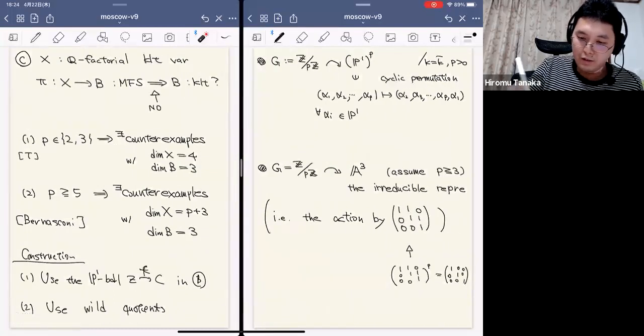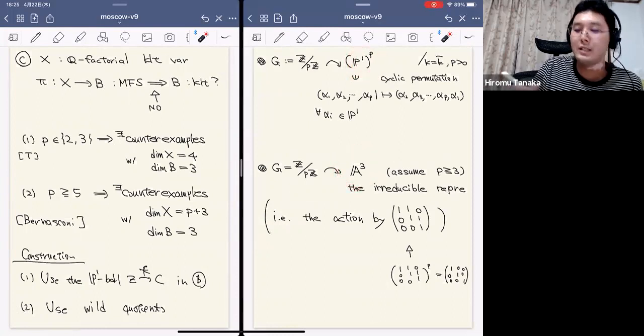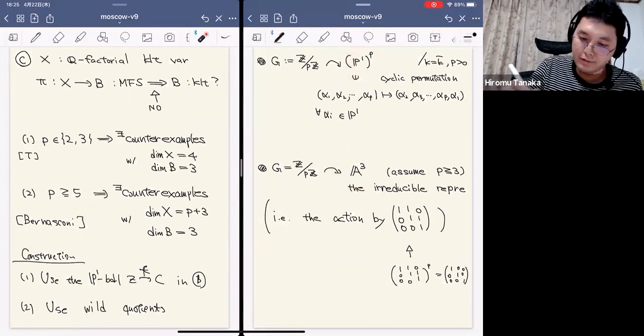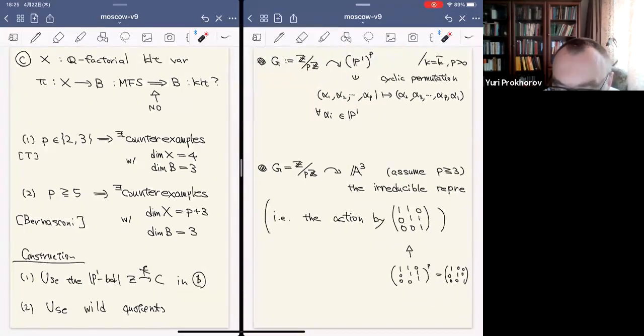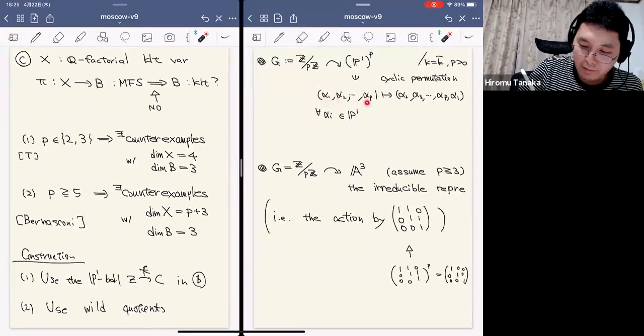The group G is Z/pZ, as I said. We take two varieties on which G acts. The first variety is P1 to the p, and everything is over an algebraically closed field of positive characteristic. Its action is the cyclic permutation: (alpha 1, alpha 2, ..., alpha p) goes to (alpha 2, alpha 3, ..., alpha p, alpha 1), where each alpha i is an element of P1.